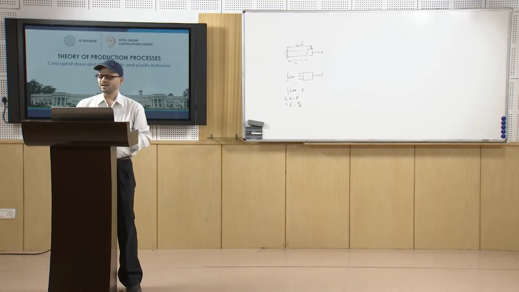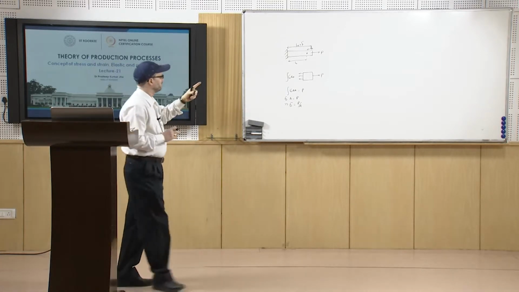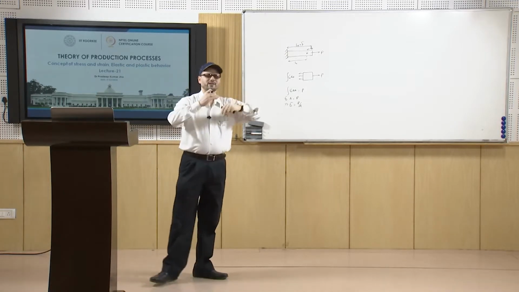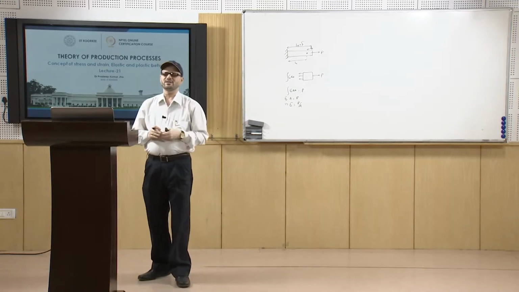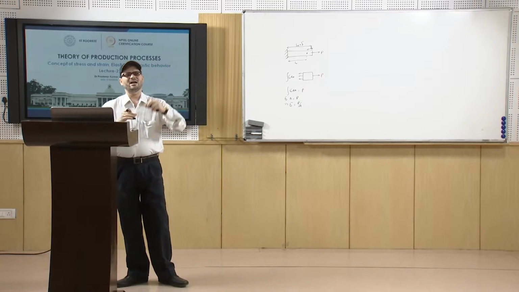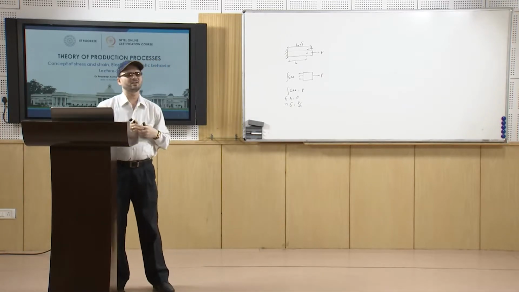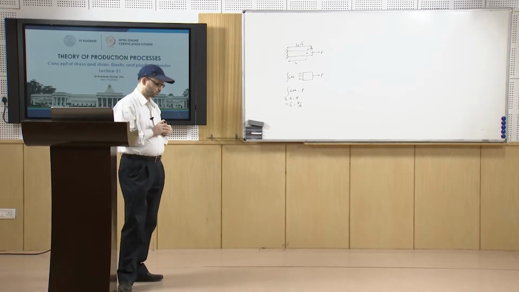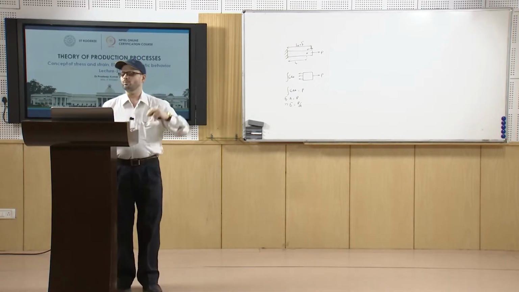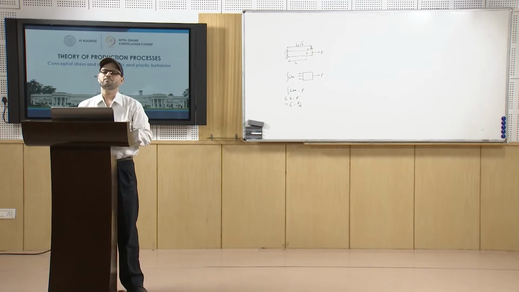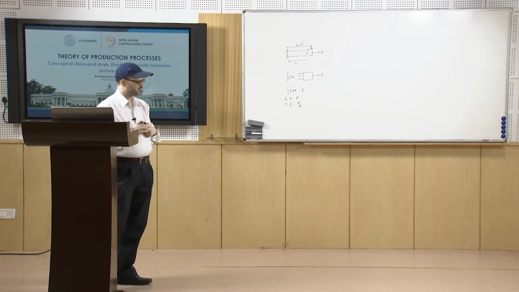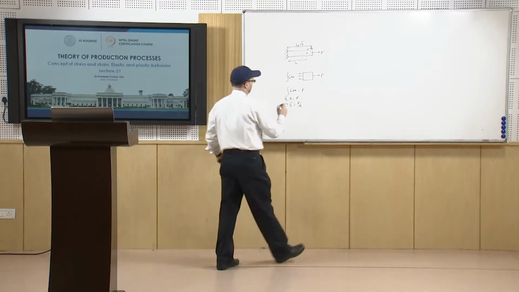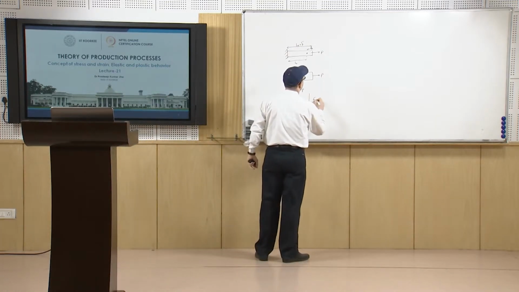Now, as we know, once we try to deform the material, up to the elastic limit, or in the elastic range, the stress is proportional to strain, and the slope of that is basically the Young's modulus. So, stress by strain will be basically the Young's modulus.